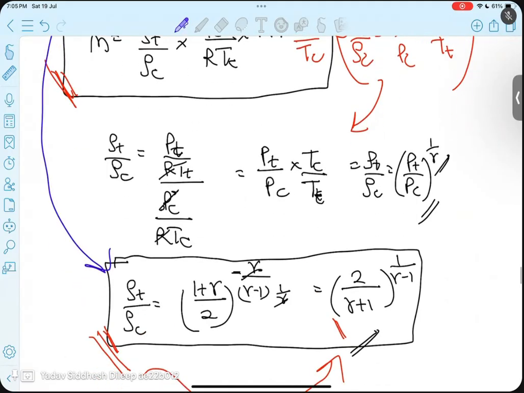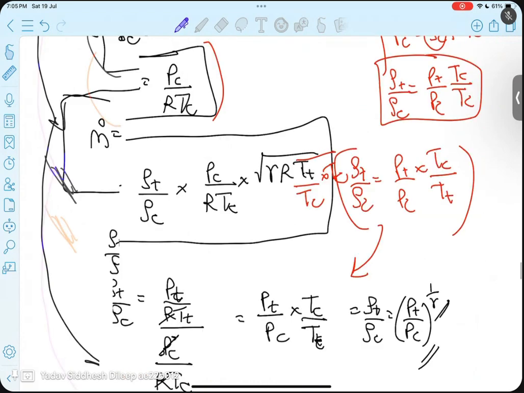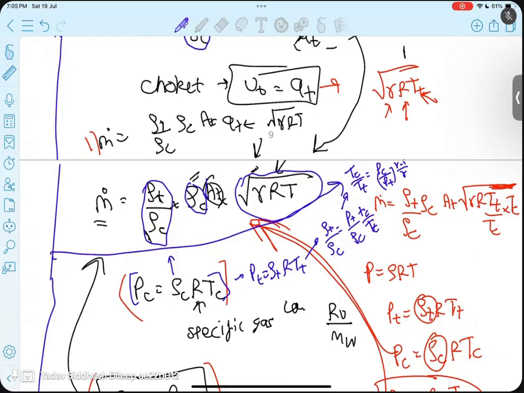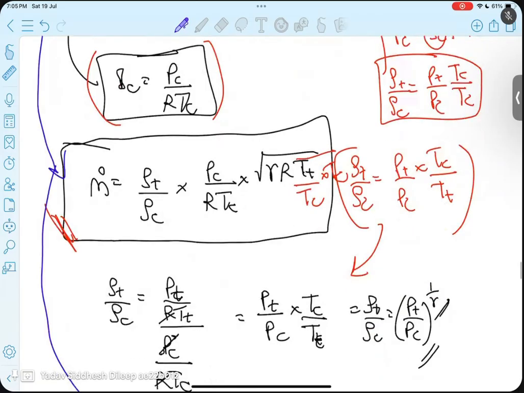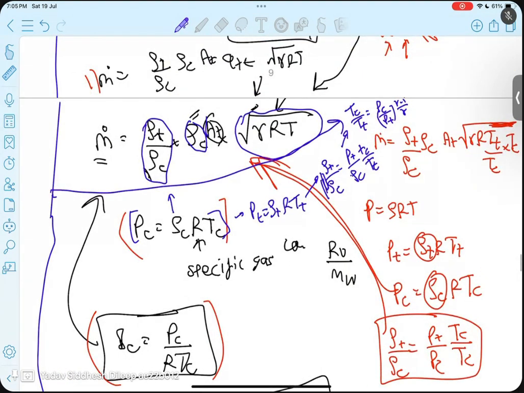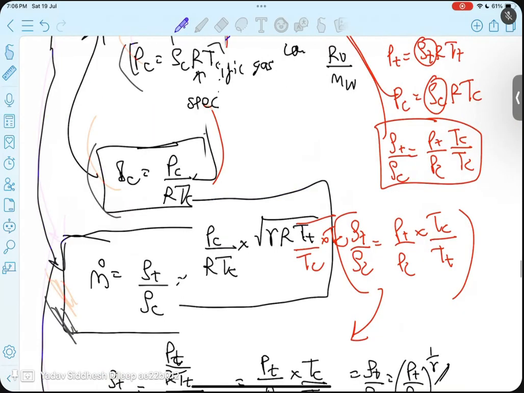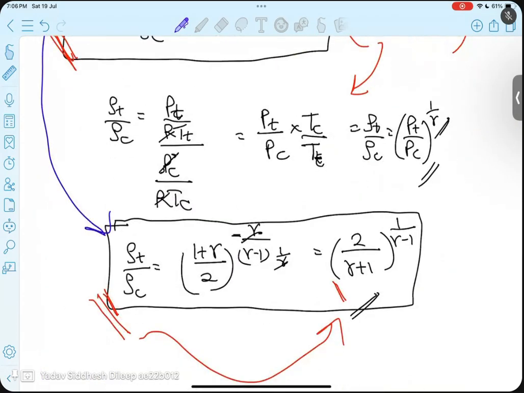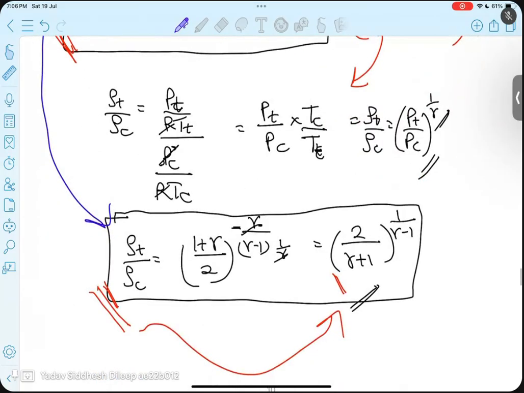See, you can write rho T by rho C as this term, and the whole term as rho T by rho C equals PT by PC into TC by TT, and PC and TC by TT you can write in terms of PC by PT, and then you have rho T by rho C in terms of PT by PC, and the pressure ratio you have as 1 plus gamma by 2 raised to this value.